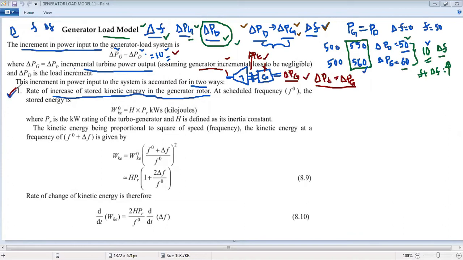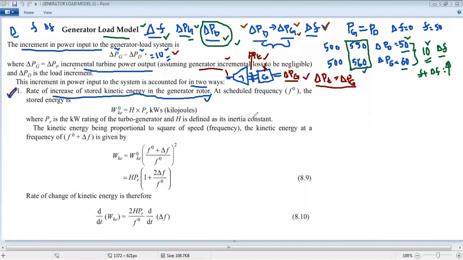One of the ways, the first one, is the rate of increase of the stored kinetic energy in the generator rotor. That means in the alternator we have the rotor, and that rotor speed will be increased. So the kinetic energy of the generator rotor will be increased. Now let us see how it happens. At scheduled frequency F0, the stored kinetic energy.